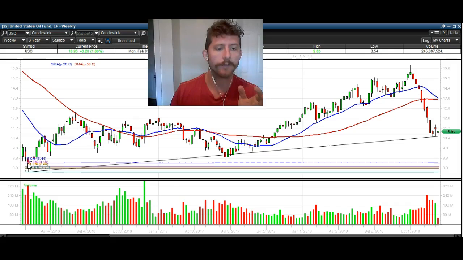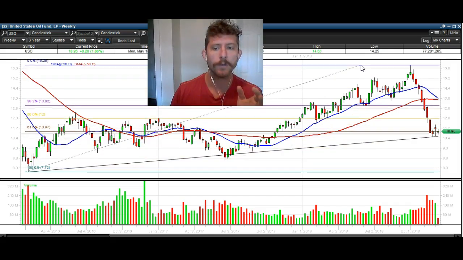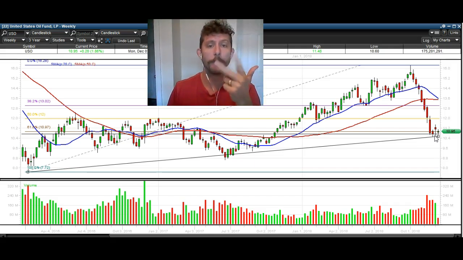I'm going to draw it from the major low to the major high up there, and look at what we have. The 61.8 Fibonacci retracement level is literally exactly where we're reacting right now. Definitely want to keep an eye on this. So we've got the Fibonacci retracement level, we've got the trend line, we've got support, and we've got the other thing.